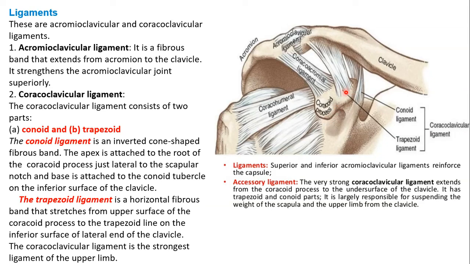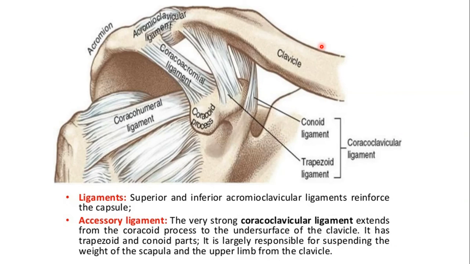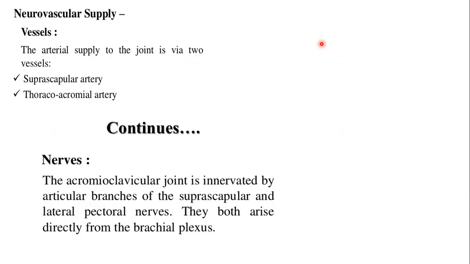So it extends from the coracoid process, as the name indicates, up to the clavicle. Clavicle के किस part पे? The trapezoid ridge, which is on the inferior surface. So these are the ligaments of the acromioclavicular joint.